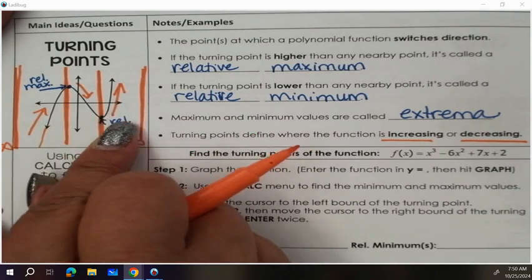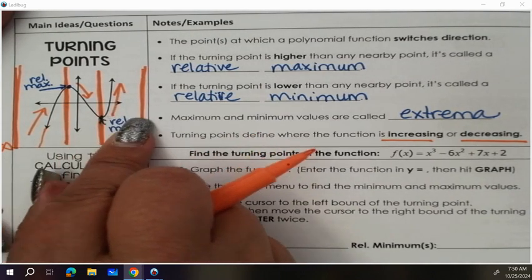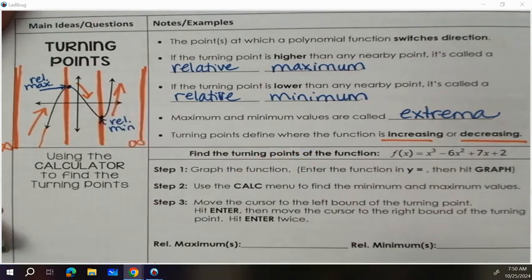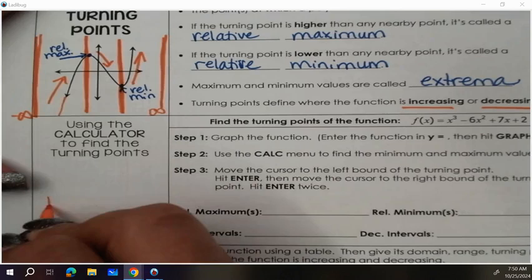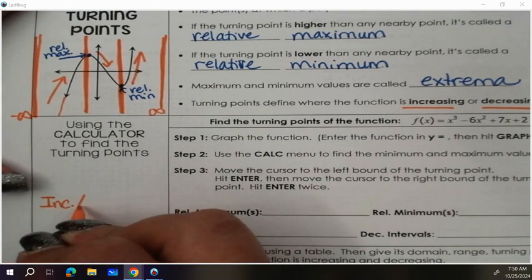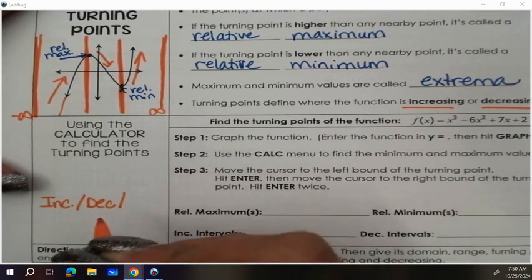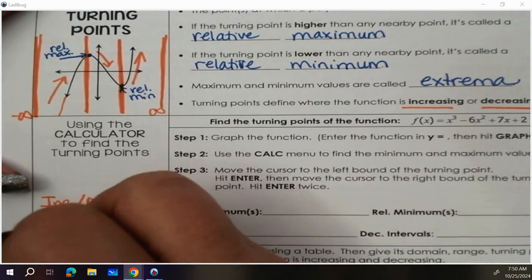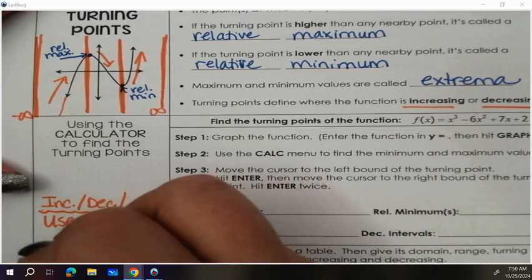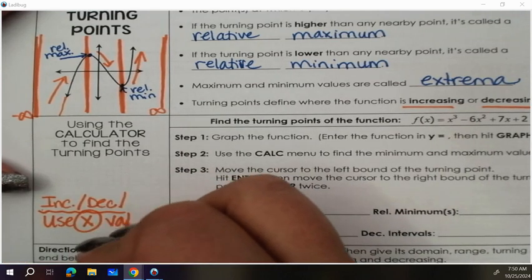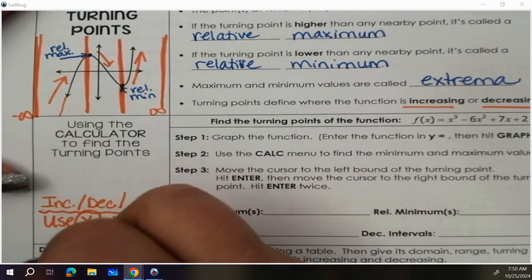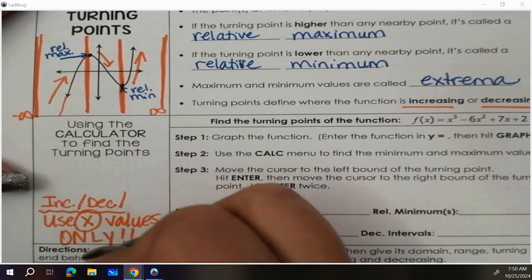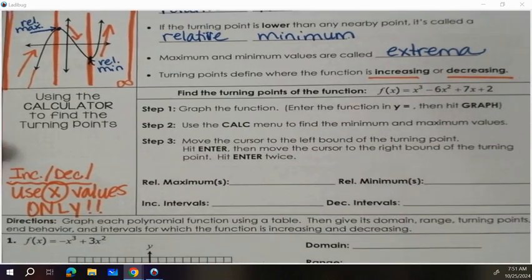And then 3 to positive infinity, I'm increasing again. You use the X values. Let's write that down. For increasing and decreasing, use X values only.